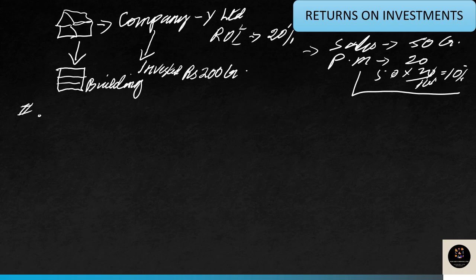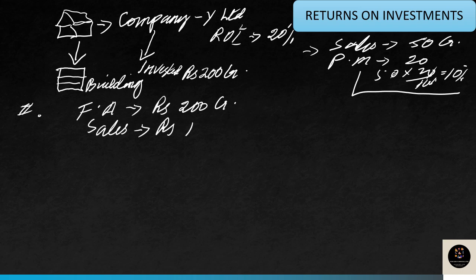Another scenario, we got fixed assets rupees 200 crore and sales rupees 120 crore, and profit margin, profitability of the business is 20%.